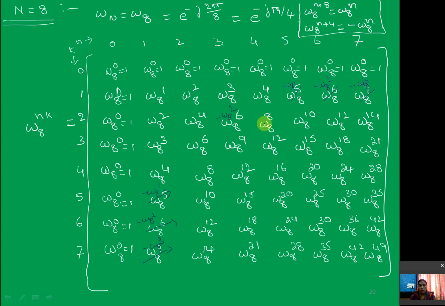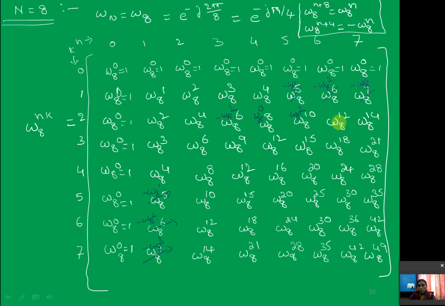Now W8 power 8. It is better to use the periodicity property here: W8 power n plus 8 is equal to W8 power n. So W8 power 0 plus 8 is W8 power 0. W8 power 2 plus 8 is W8 power 2.